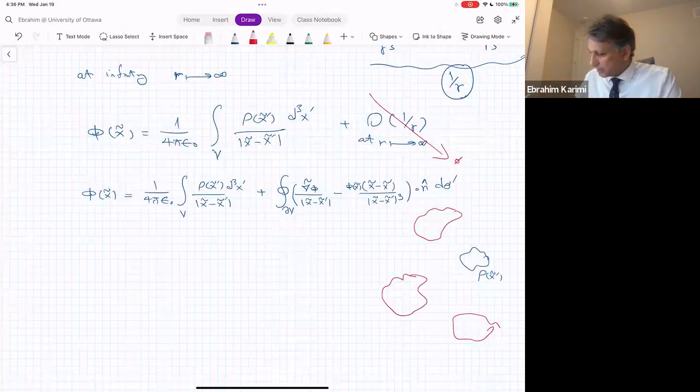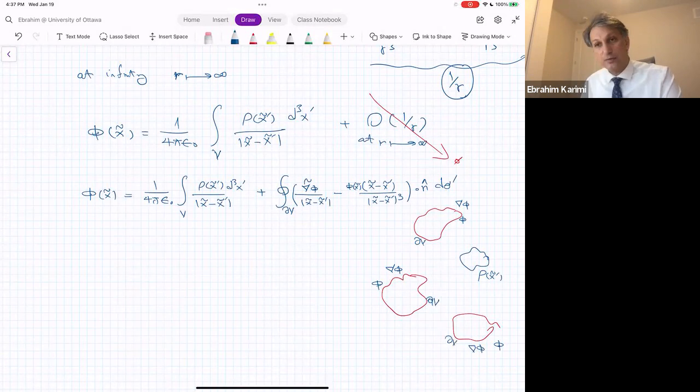So in this case, I do have a gradient of phi here and phi here, on different places, which are new boundary conditions. So they are not a derivative of volume; they are surfaces that I'm dealing with.